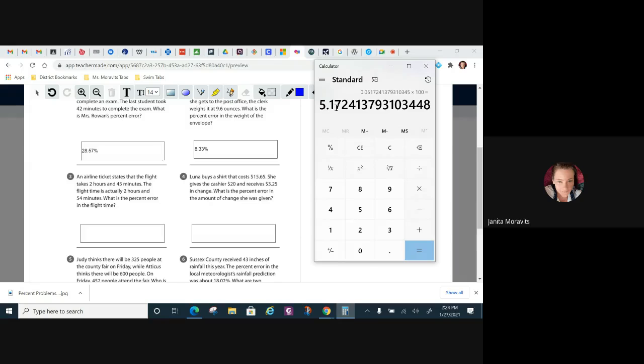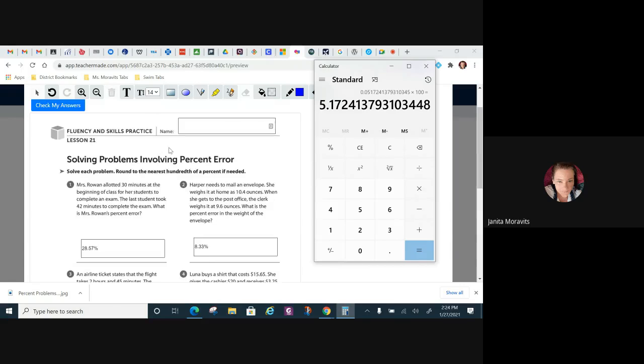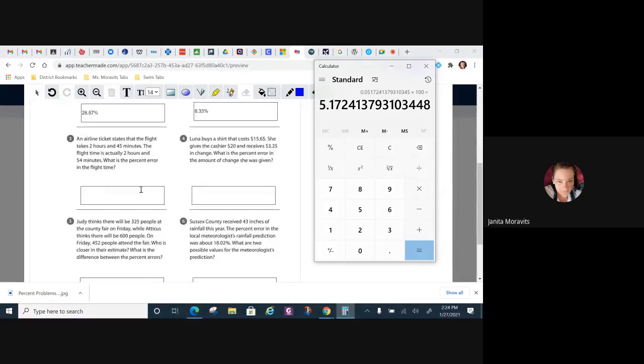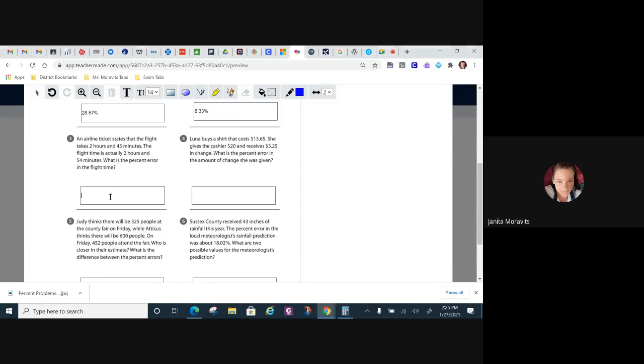And then we're going to make sure we have 2 places past the decimal because we're rounding to the nearest 100th. So 2 places past is the 17, or the 7. And the 2 after it tells us that we leave it alone. So this is 5.17%.